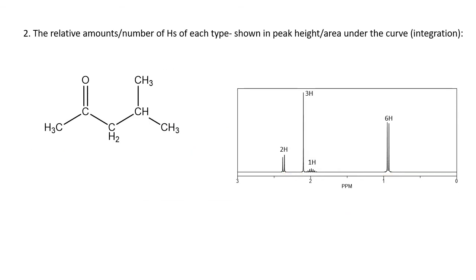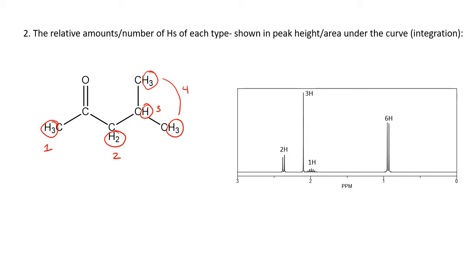Now we just saw that our molecule contains 4 different types of hydrogens. So we have type 1, type 2, type 3, and then our type 4. Now the second thing that NMR can tell us is the relative amounts or number of hydrogens of each type.